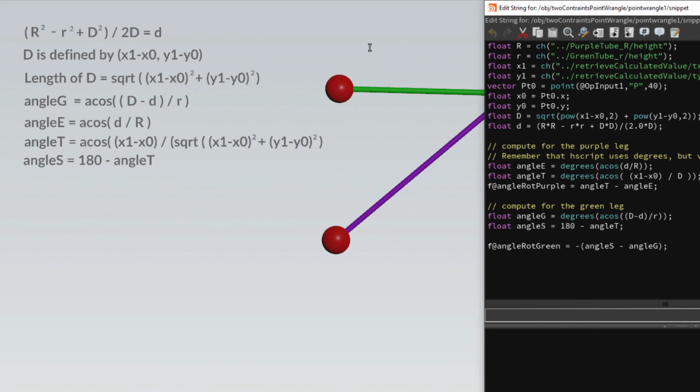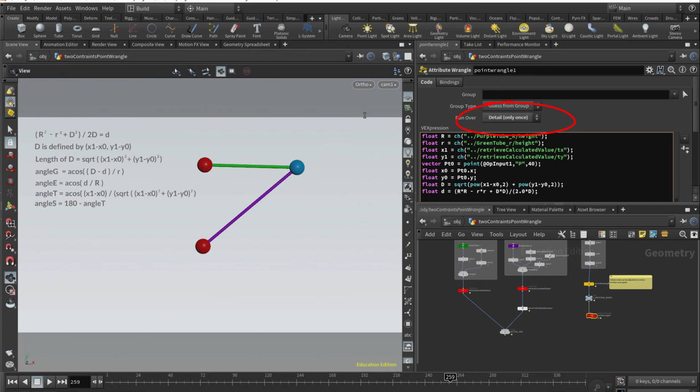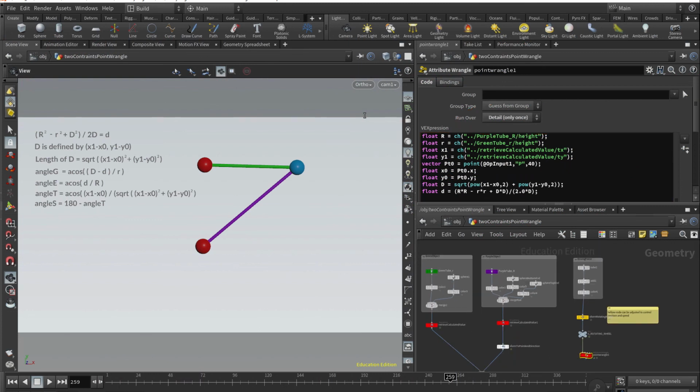So that gives us the values in order to make these look like they are constrained. I should also mention that the point wrangle is in details only mode, so you only have to calculate this once. So there's no wasted calculations. You can see here that this is details only once, and there's our network.